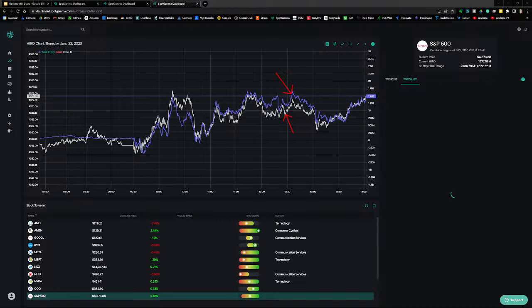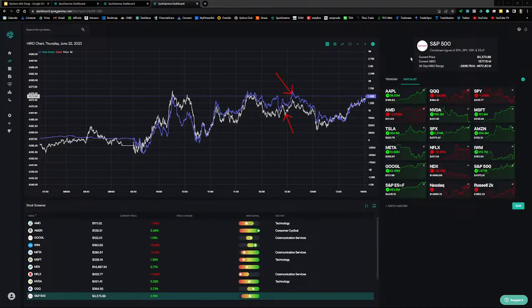And this is showing options trades and market maker hedging flow for a combined signal for the S&P 500, SPX, SPY, XSP, and ES futures. All right, and this is showing a very strong correlation between this total signal and price action today. This is something that I haven't seen quite this close a correlation in quite a while.